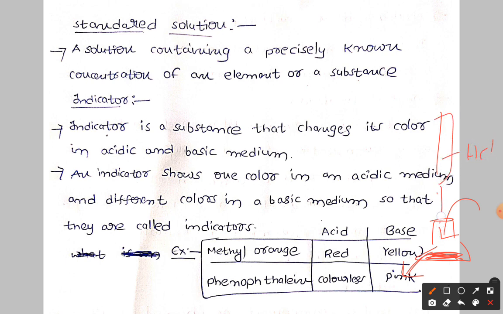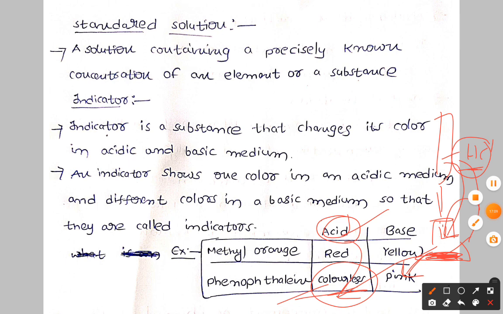Once the reaction is completed, the solution turns colorless. Because once the sodium hydroxide is consumed, HCl is in excess, so finally the solution turns acidic. So colorless indicates the reaction is completed. In acidic medium it is colorless, in basic medium it has a pink color.